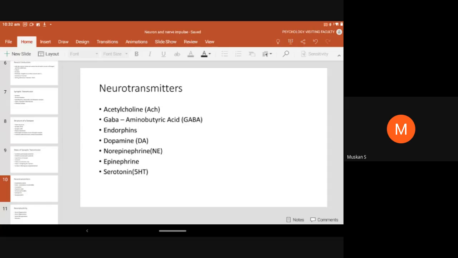So number one, it is the acetylcholine, whose function is the effects of movement, maybe learning, memory, and sleep, REM sleep conduction, and the GABA, that is gamma-aminobutyric acid. Its function is to facilitate neural inhibition in the central nervous system and prevent too much action potential.